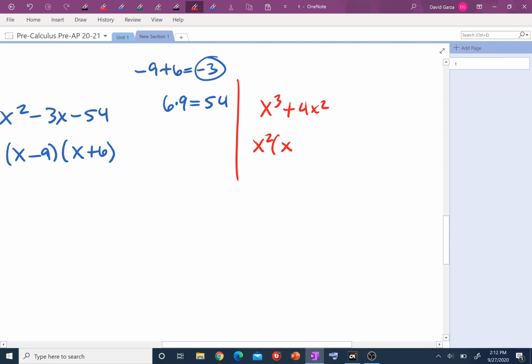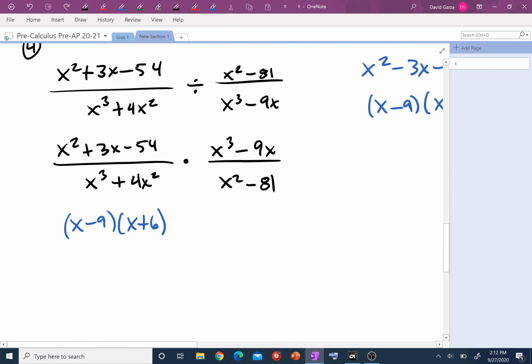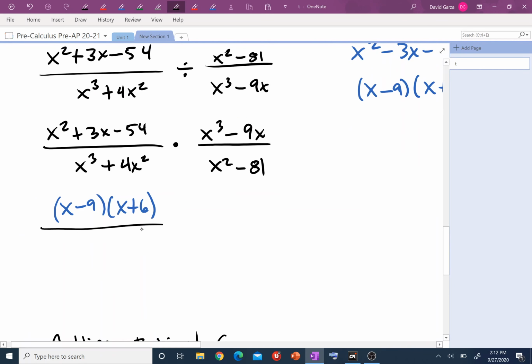And x squared times what gives me 4x squared? That would be plus 4. Use the distributive property if you want to prove to yourself that it works. So we have x squared, and then x plus 4 at the bottom here.